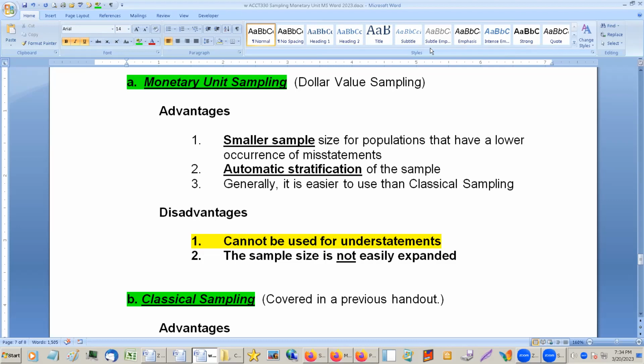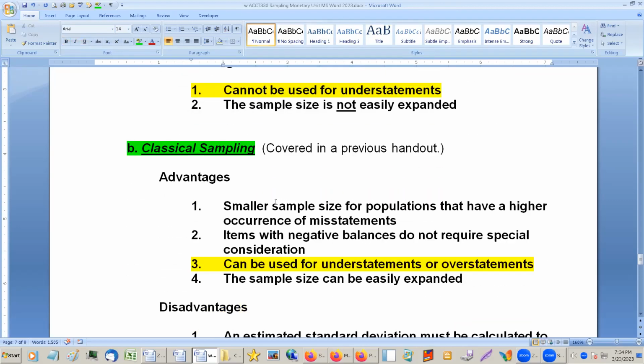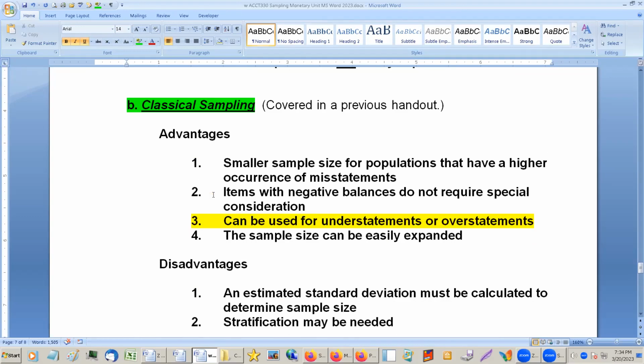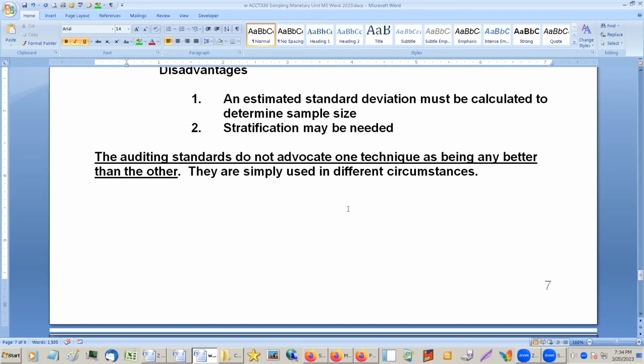Which sampling would you do if you're unsure? Classical. Yes, classical will tell you which way it's going. The monetary unit will only tell you if it is overstated. So if you're not sure, classical sampling is a good one to use.